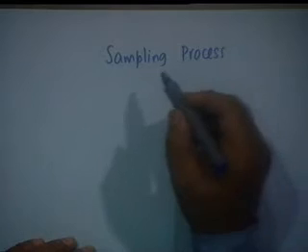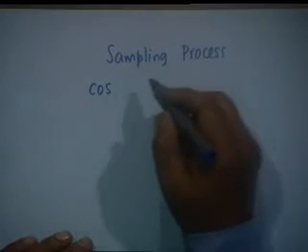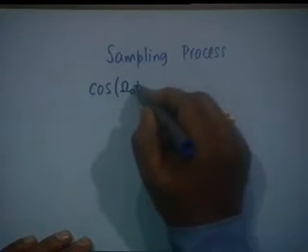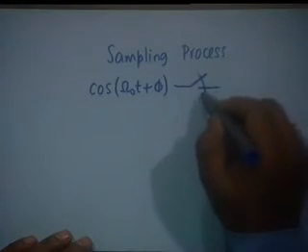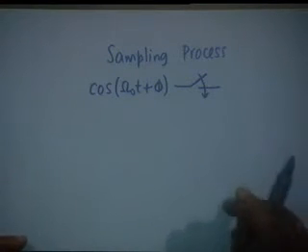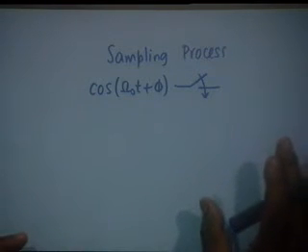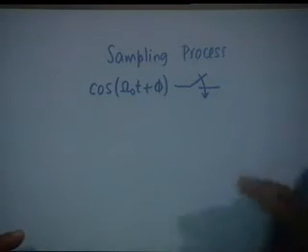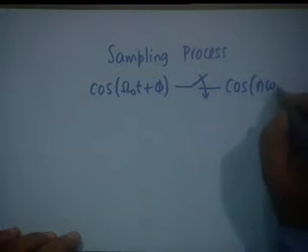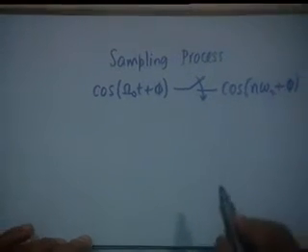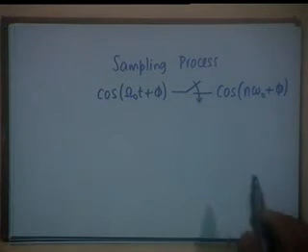I have already told you that if you have a, let us avoid that amplitude term capital A, cosine of omega 0 t plus phi, then from this by sampling and A to D, we do not show A to D because the mathematical techniques are the same whether you have done quantization or you have not done quantization, what you get here is cosine of n omega 0 plus phi, where omega 0 is 2 pi f 0 divided by f s.